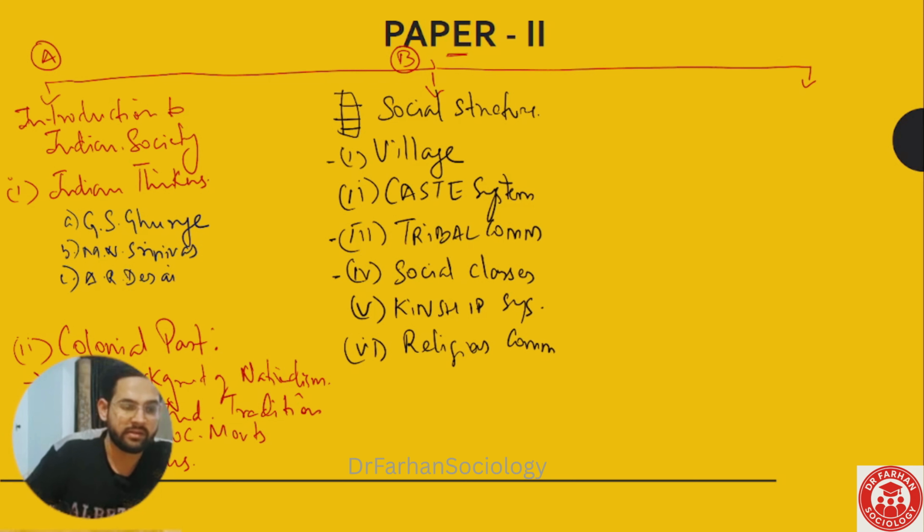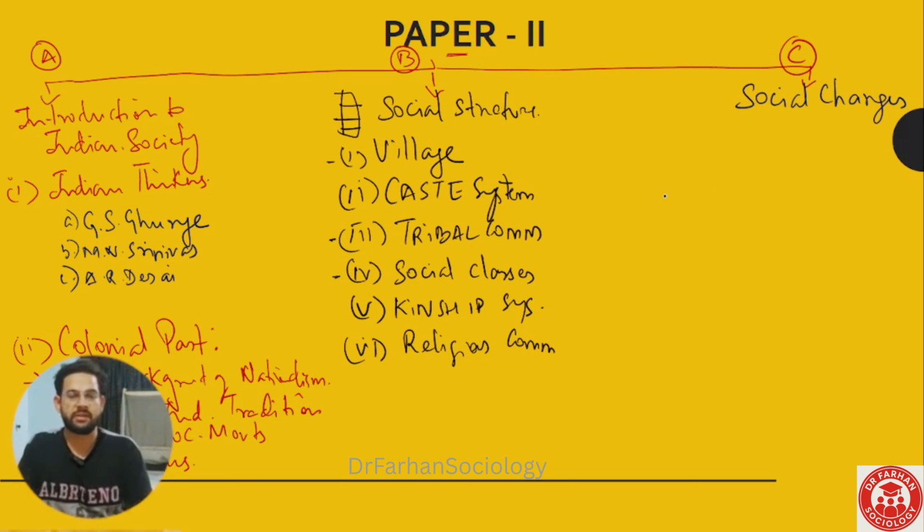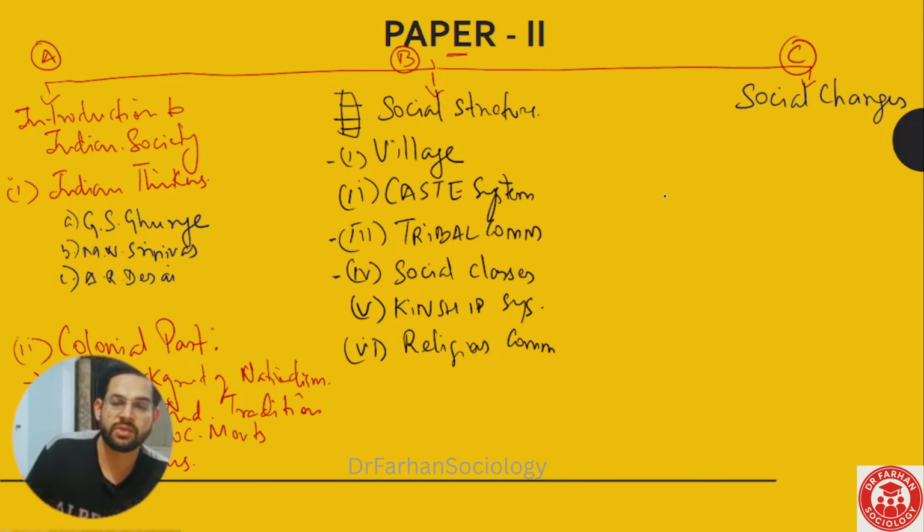And here, after talking what are the different kinds of social structure, next we will be moving on to the aspect what are the different kinds of social changes which are present. What is the meaning of the word social changes which is happening in the Indian society?